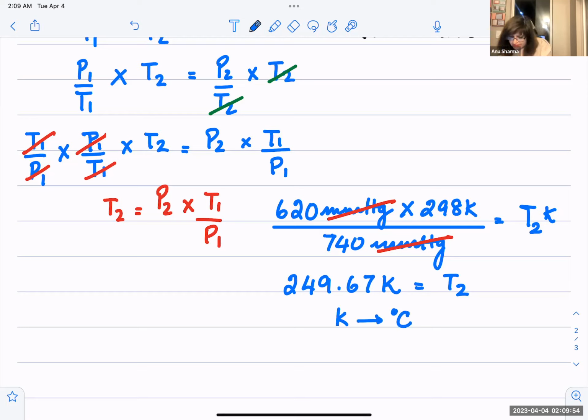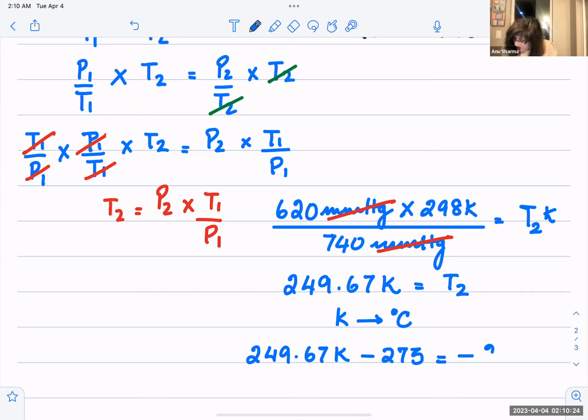So we take 249.67 Kelvin minus 273, and that gives negative 23.32 degrees Celsius.